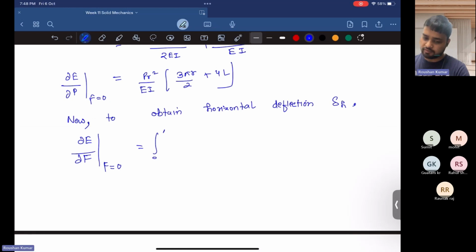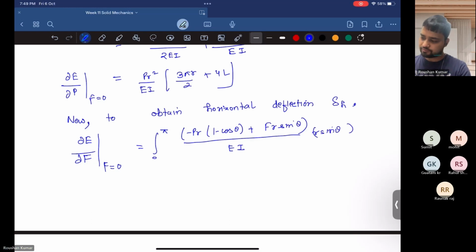integral over 0 to pi, (minus PR into (1 minus cos theta) plus FR into sin theta) upon EI, into R sin theta into R d theta, plus integral over 0 to L, (minus 2PR minus FR) upon EI, into minus x dx.